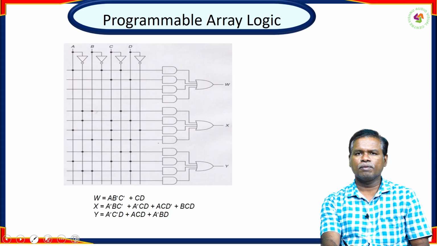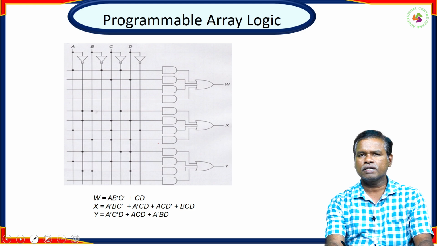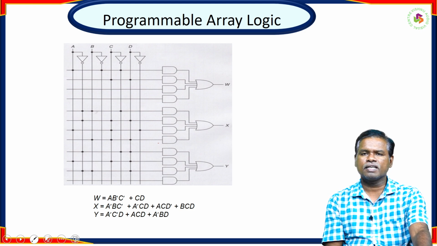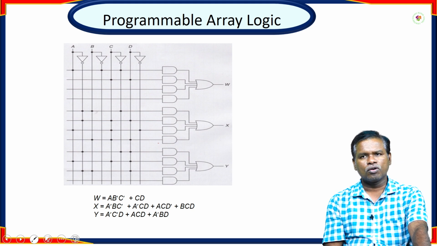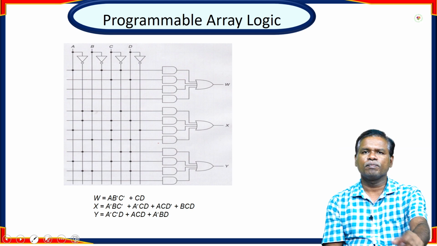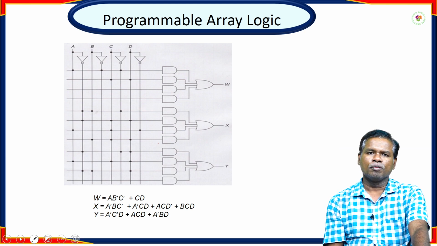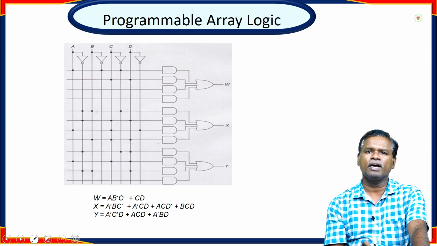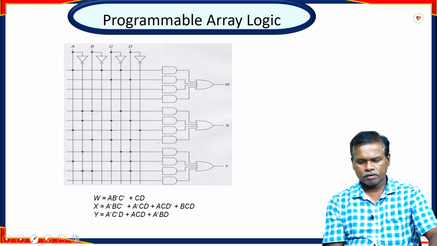This is a simple discussion on programmable logic devices, which are of three types: programmable read-only memory, programmable array logic, and programmable logic array. In this session we discussed how to implement given Boolean expressions with the help of PAL and PLA.